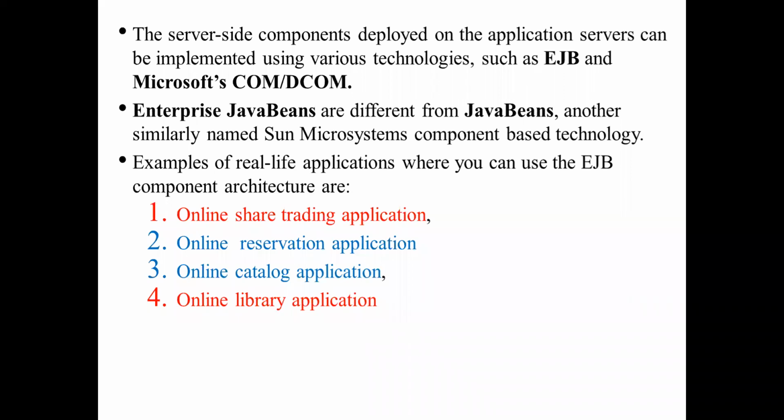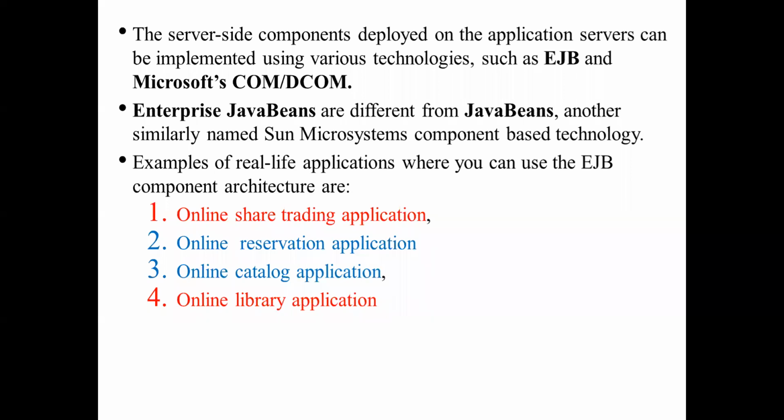And what are examples of real-life use of these EJB applications? It can be asked in viva questions, or in your interview, where Java beans are used in real-time systems or applications. You can give the example of an online share trading application, because every minute it will be changing.